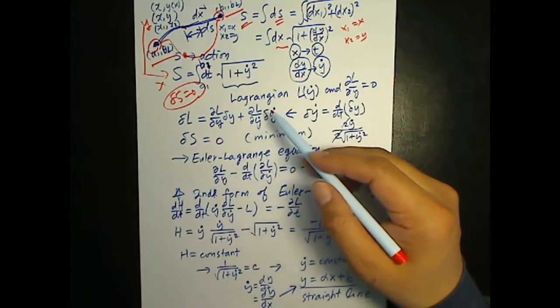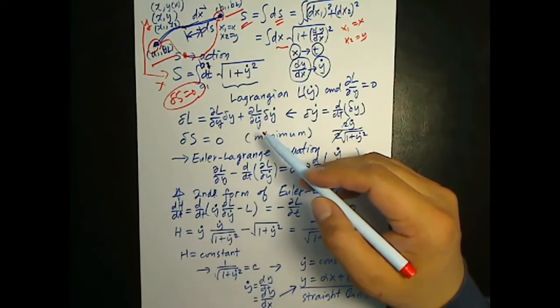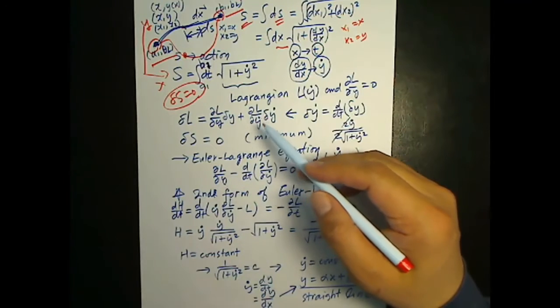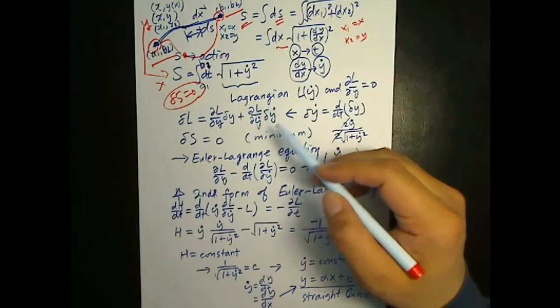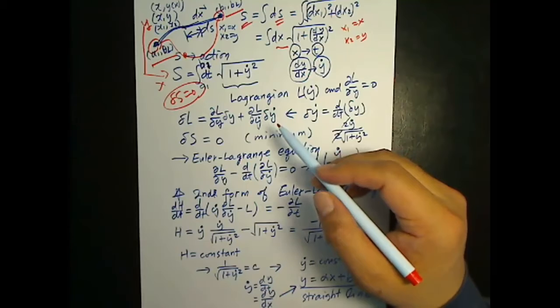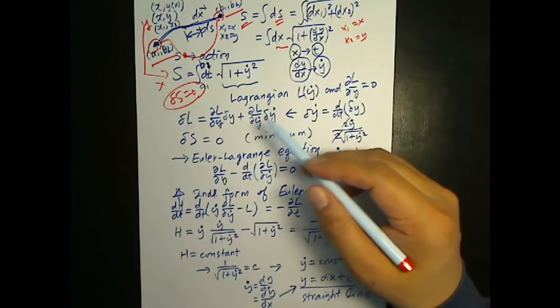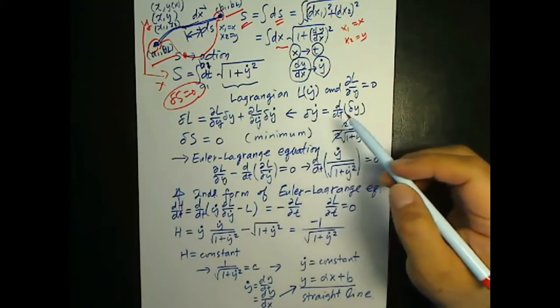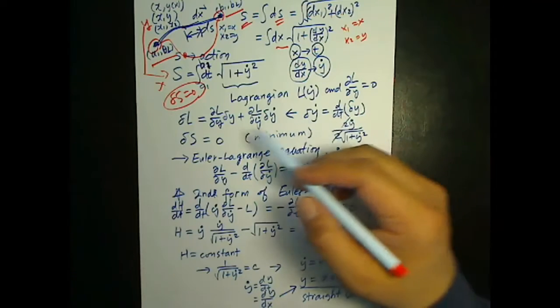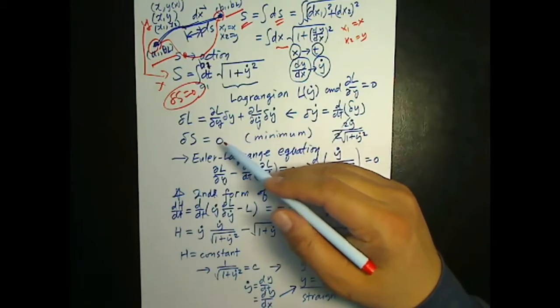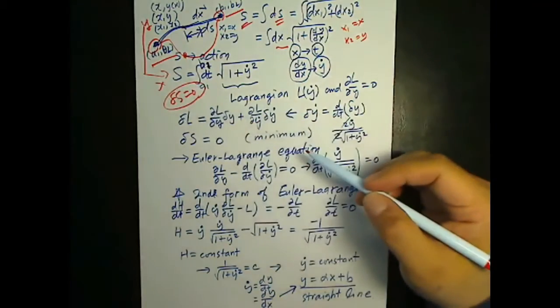Next is to take the derivative with respect to the time derivative of y and multiply this by the variation of the velocity. And the variation of the velocity is actually the velocity of the variation. And we require the minimum value for this action.